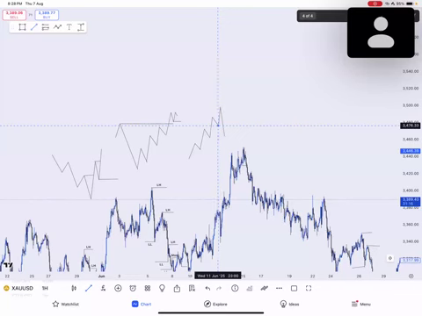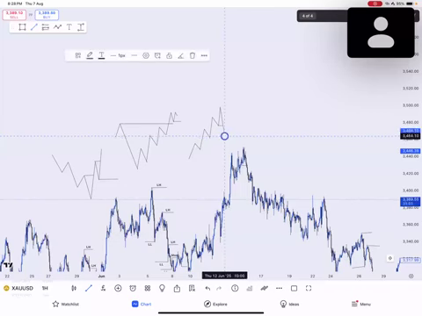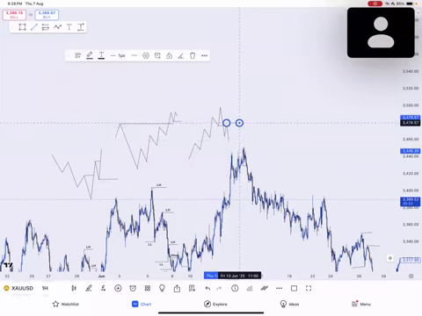Once you've confirmed that structure shift, you can now look for inducement. You don't look for inducement before a structure shift. You don't look for inducement before a double break of structure. It's only after a double break of structure or after a market structure shift that you can look for your inducement. Meaning that you should expect price to pull back up before going back down. This retracement, this pullback, is what your inducement is. The inducement is a trap.